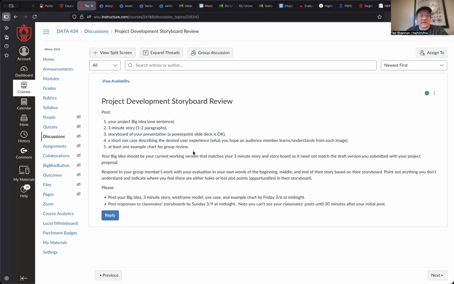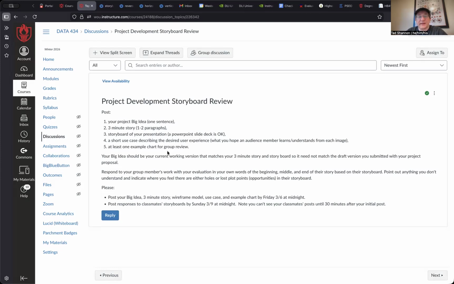And then it'd be great to have one draft chart made from your data. So you have to identify your data in your proposal, and now you want to take your data and start making actual visuals from it. And this is a chart that you need to make, not something somebody else made that you're making a copy of.